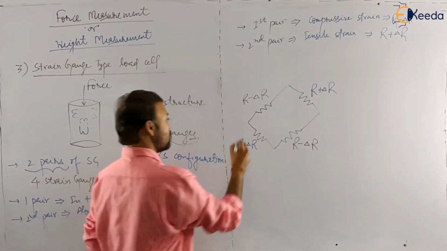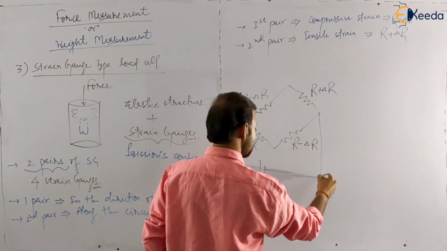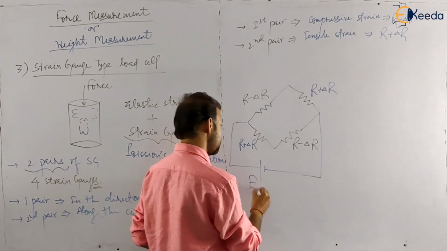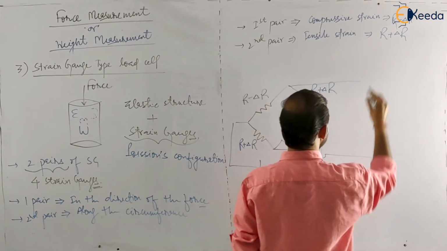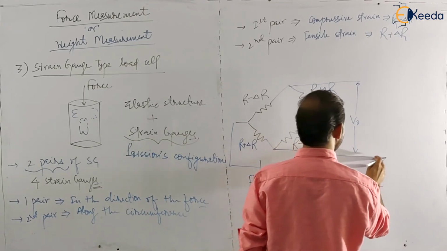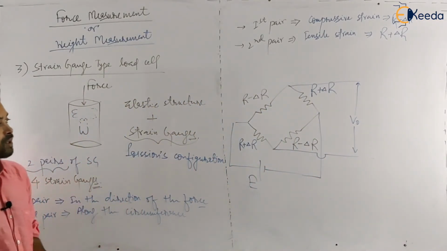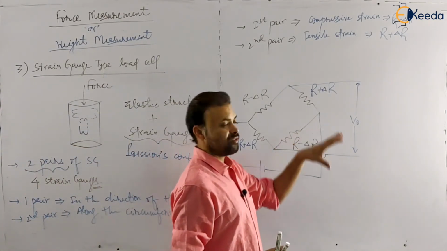Right? So the excitation voltage E will be given like this, and from here we will be taking the voltage output V0. Here I am not deriving V0; we have already derived this formula.